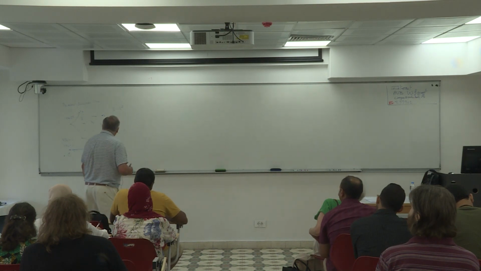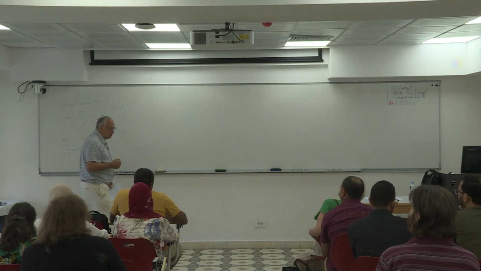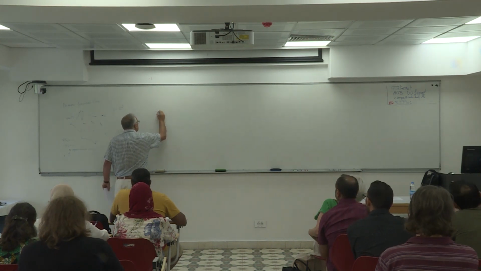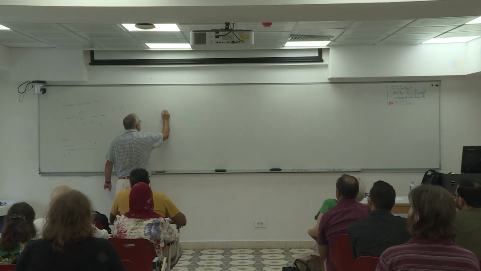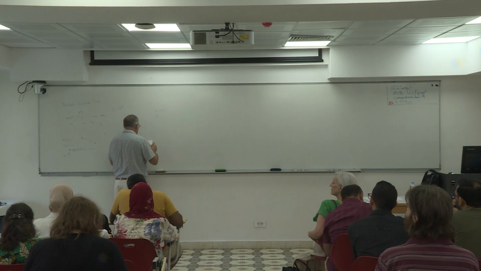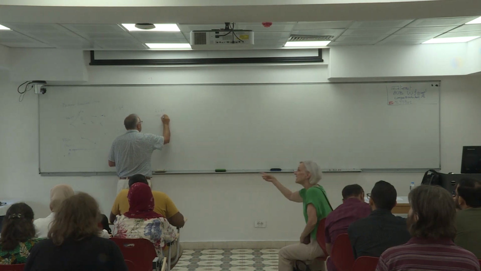Now having a vector field, we can consider the differential equation as usual, x dot equals V of x, with x at 0 equal to some initial point x0.